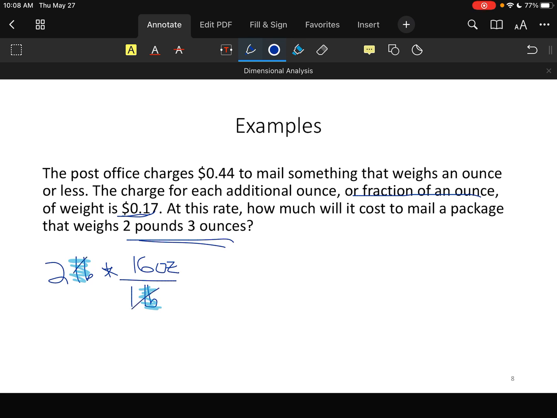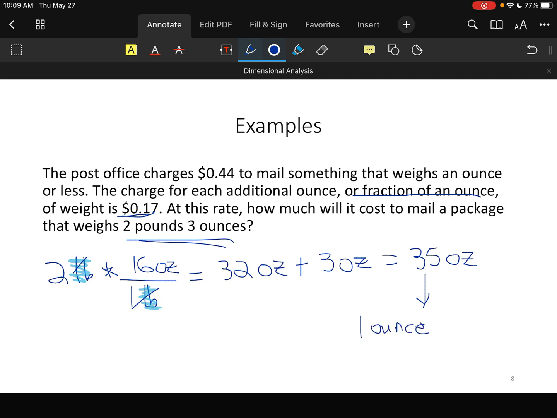All right, so that means this is 32 ounces plus the additional 3 ounces that we already had. So the package has a total of 35 ounces. All right, so now we've got our package in the right units, okay, to go ahead and find the postage. All right, so now for the first ounce, we're going to break this down. We know we've got 1 ounce.